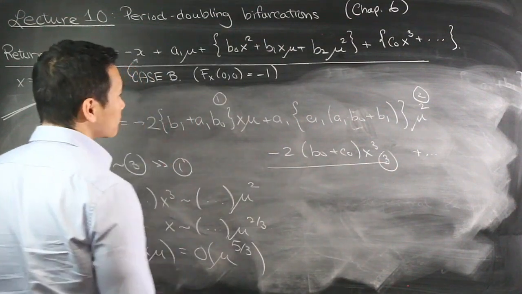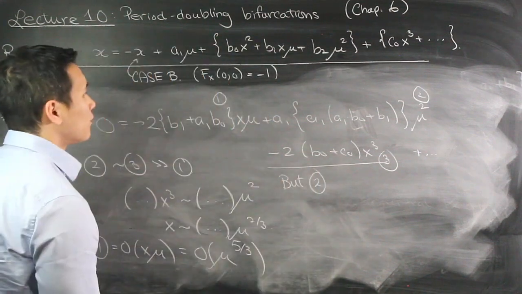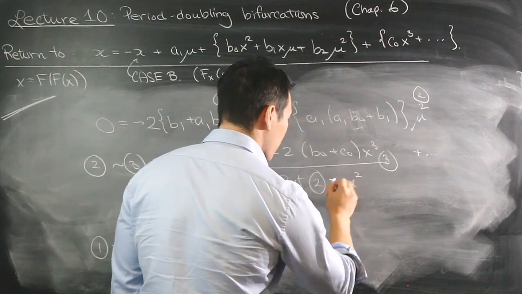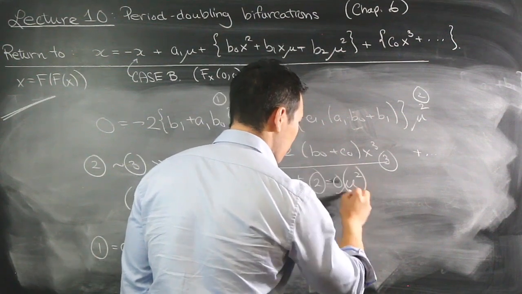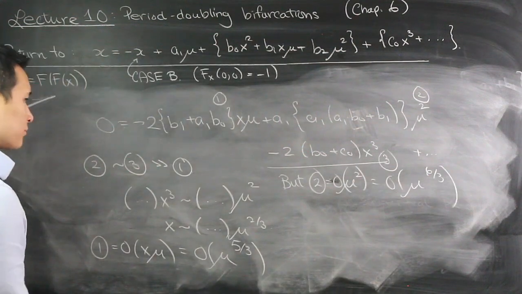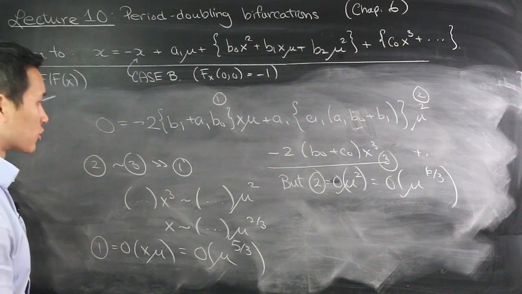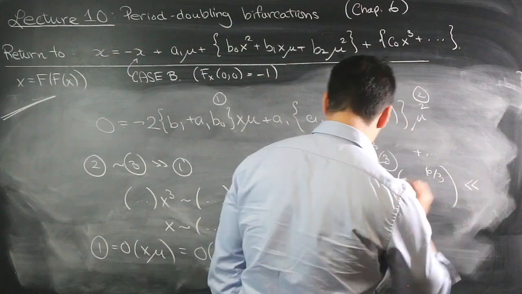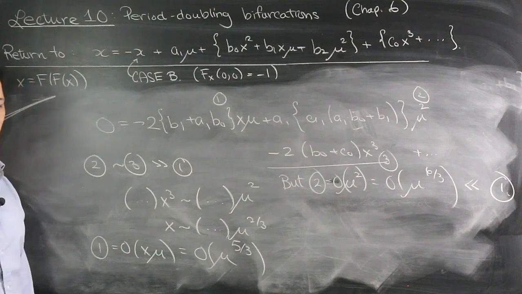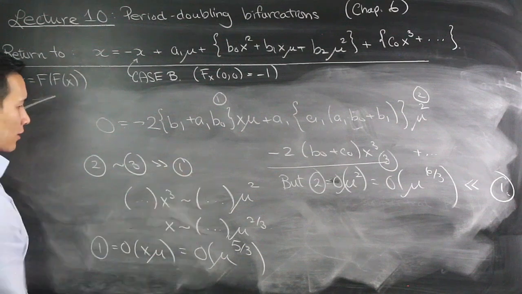All right, but 2 is order mu squared, which is order mu to the 6/3. Which is much smaller than 1. And that's an inconsistency. So you assumed that 2 and 3 were much larger than 1.